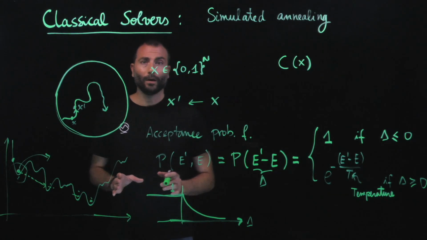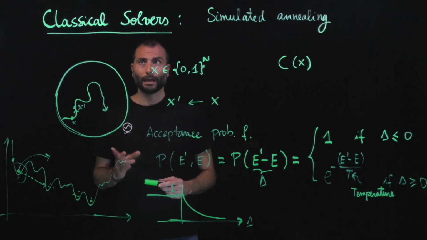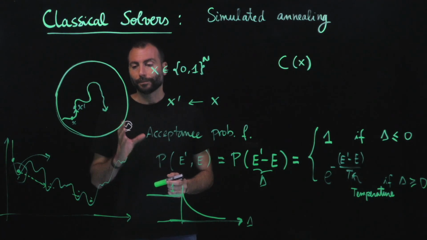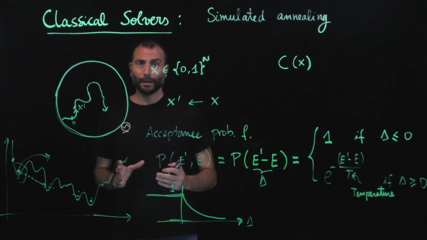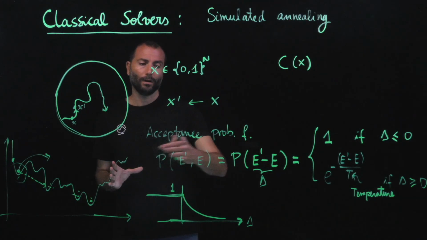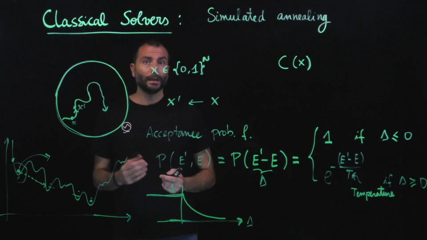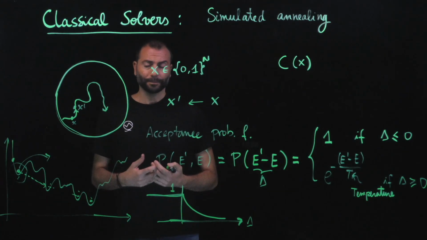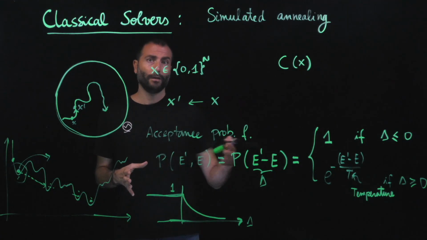Okay, so with this, we finish the lecture on classical solvers. We have presented the idea of an exact solver, which covers exhaustively all the configuration space, and we have seen that it is not possible to implement these exact methods when the problems are very large.